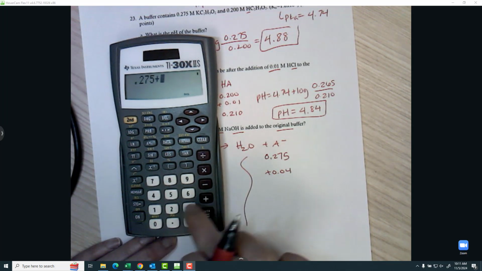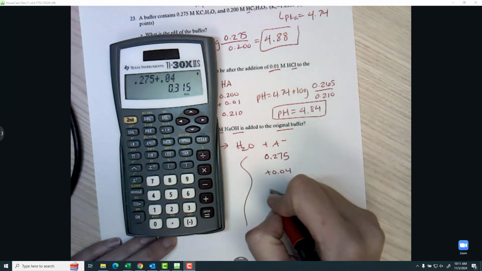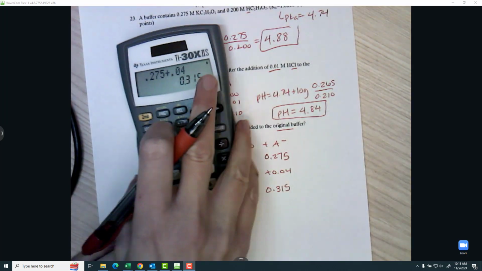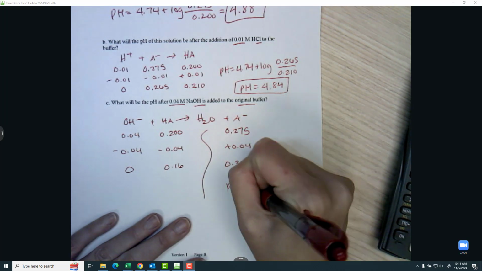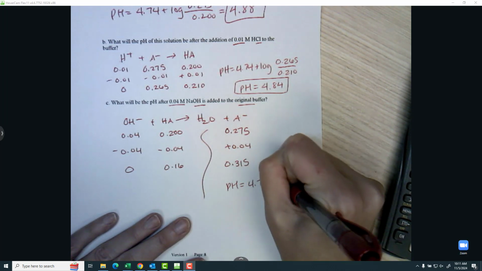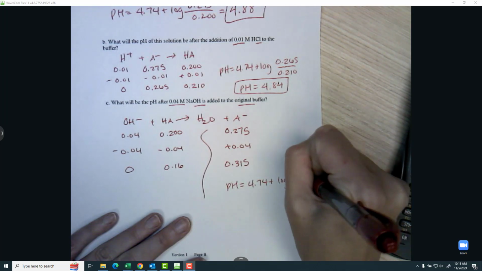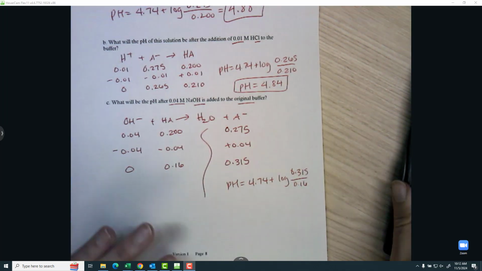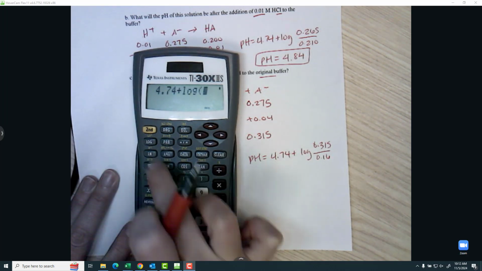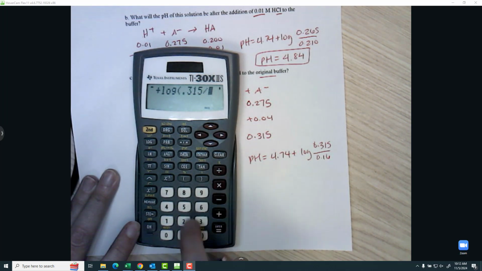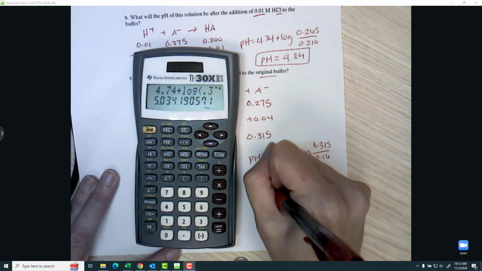I'm using my calculator for these just because with the decimal places, I don't want to mix it up and put it in the wrong place. So 0.16 now and 0.315. Back to Henderson-Hasselbalch, 4.74 plus log of now 0.315 over 0.16. And it should be a little higher than the original, which was 4.88, but not really different. And I got 5.03.